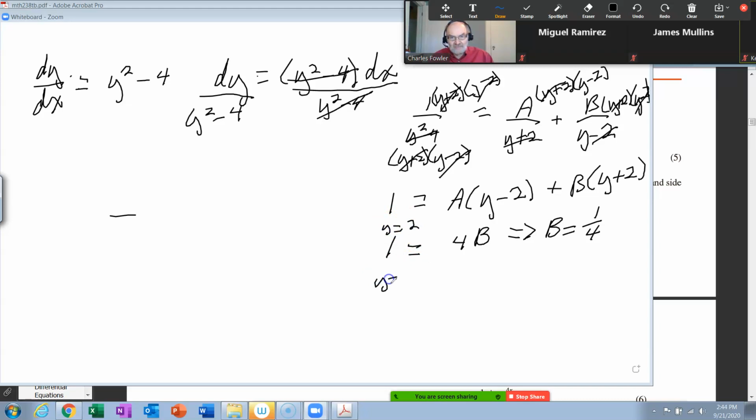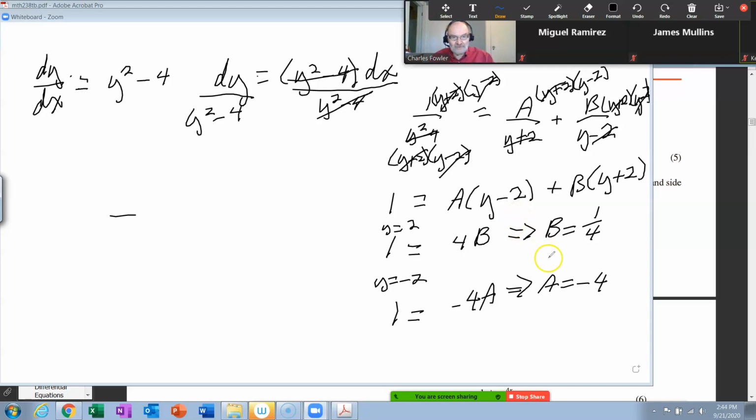When y is equal to negative 2, you'd have 1, because there is no y over here, is equal to a minus 4a, and this would go to 0 then. So this would imply that a is equal to negative 4.